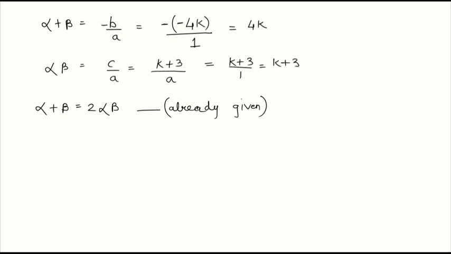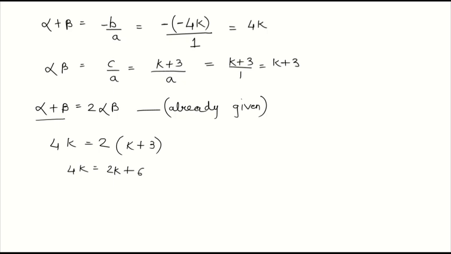So from the given condition, alpha plus beta is 4k, which is equal to 2 into alpha into beta, that is k plus 3. So solve this. 4k is equal to 2 into k is 2k plus 2 into 3 is 6.